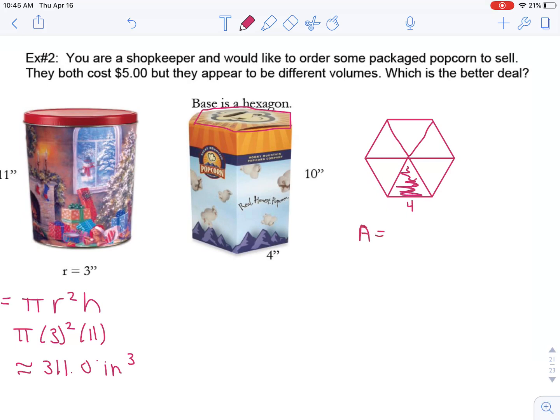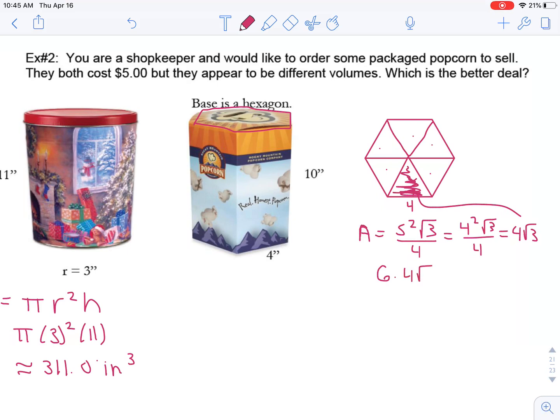So remember, for an equilateral triangle, the area is equal to s squared root 3 over 4. And that is on the bottom of your formula sheet. So it's 4 squared root 3 over 4. Well, 4 squared is 16. Divided by 4 is 4. So we end up with 4 root 3 for that individual triangle.